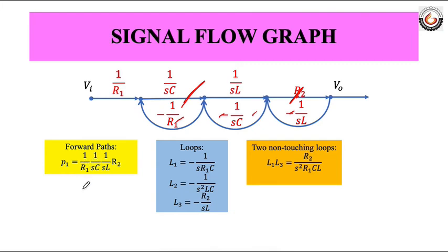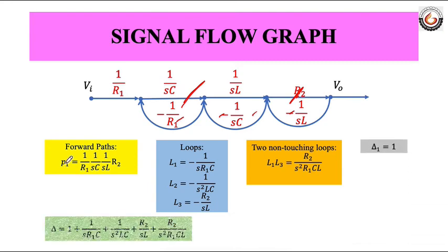Now we simply apply Mason formula to get the overall transfer function. Before that we also need to find delta. So I will write down delta here. Delta is 1 minus the sum of individual loops, and since everything has a minus sign here, I will put a plus sign: 1 plus 1 by R1 SC plus 1 by S square LC plus R2 by SL. These are my individual loops, plus the sum of the products of non-touching loops. Okay, so this is my delta.